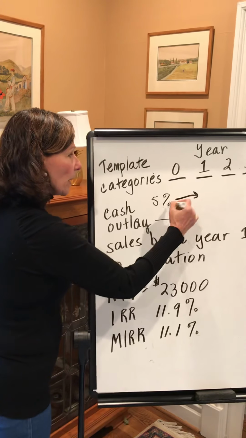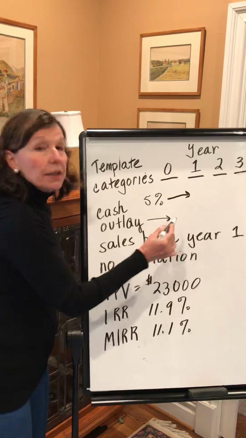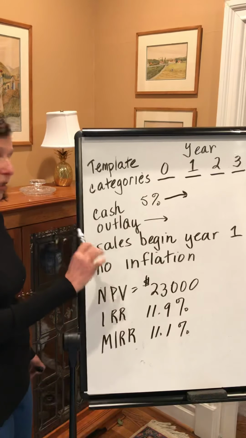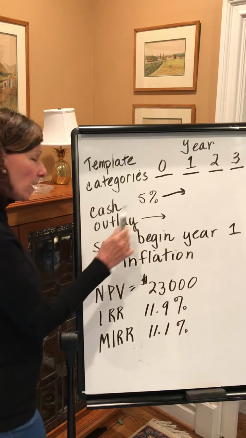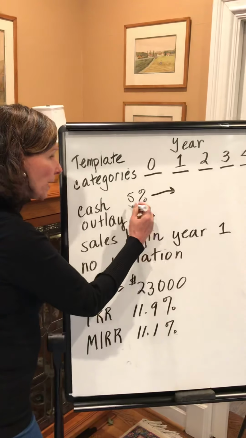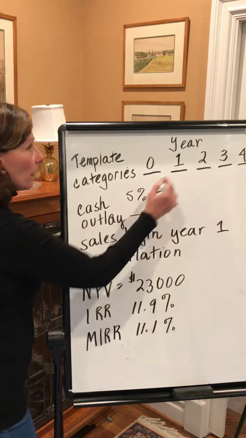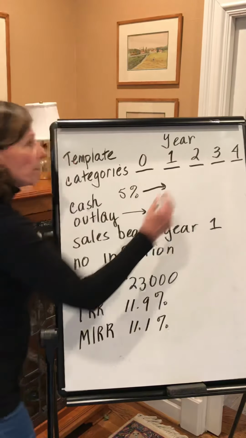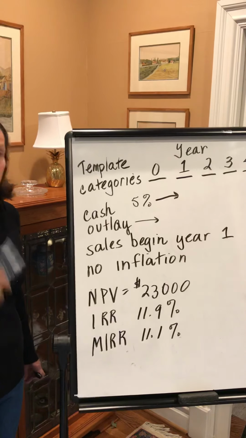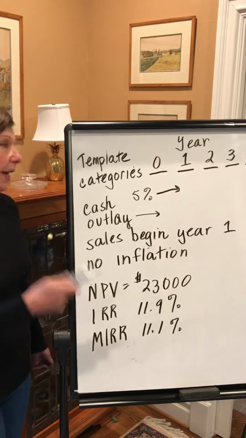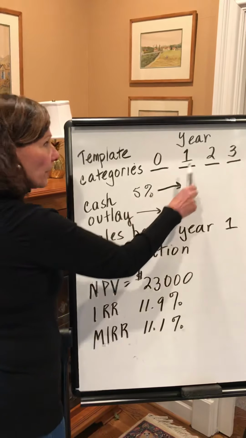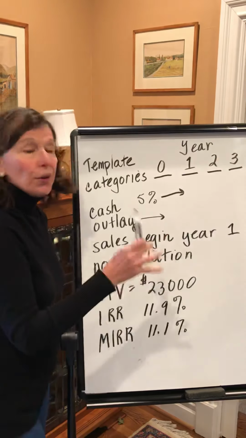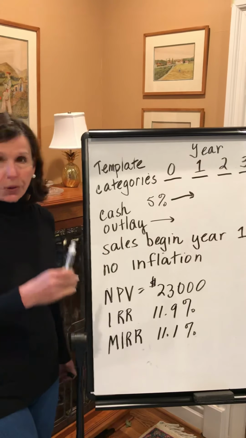So the sales price is going to go up by 5% in year 1, because year 0 was when we had the amounts. And the same for the cost of sales. And each year it will go up another 5%. So now your model will have inflation, and your sales numbers and your cost of goods sold numbers will change each year.